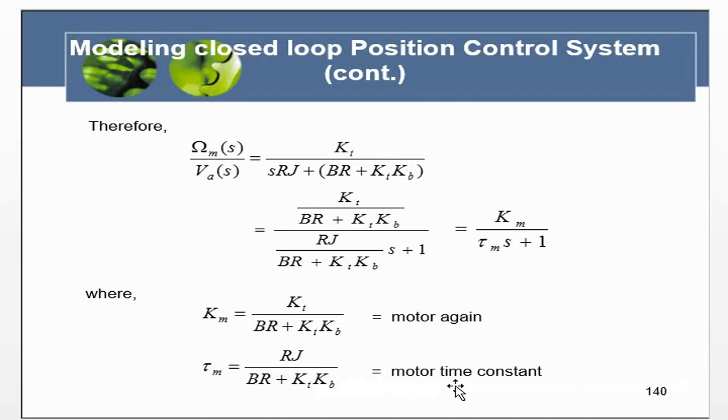We call it the motor time constant, and then the transfer function becomes simpler. It is theta_M(s) per V_A(s) equal to K_m per (tau_M s plus 1), like a first order system.